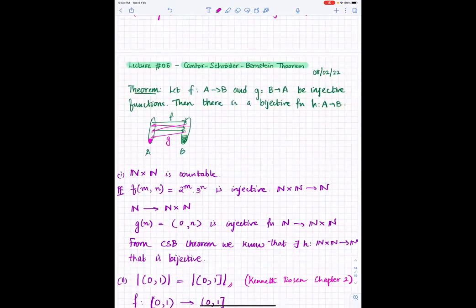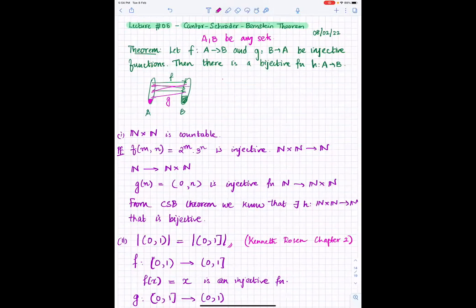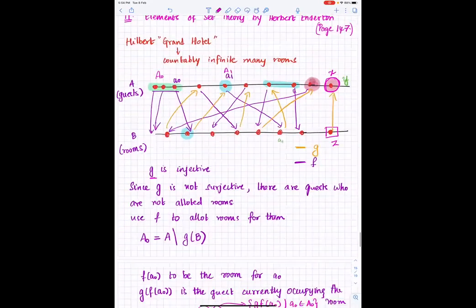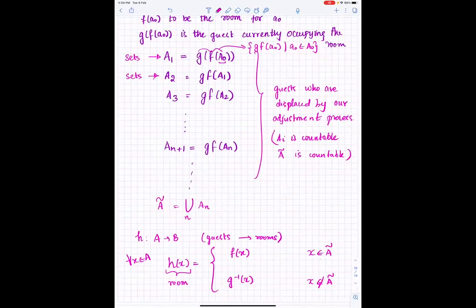So I did not use countability at all. It's just that it's used to prove that some sets are countable. That is right. Yeah. Because we did not use the fact that A tilde is countable anywhere, as far as I can see. Okay, so the picture was just for intuition.